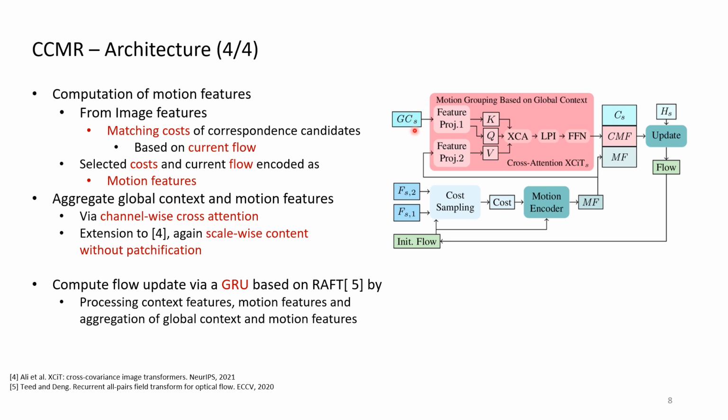From the global context, we compute features, keys and queries, and the values we compute from the motion features. We pass them through a cross-covariance cross-attention module, and then again an LPI and FFN layer. The outcome of this is another input to our update module. So we use the global context as a base to aggregate motion features.